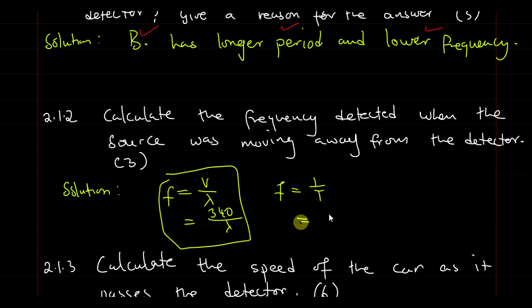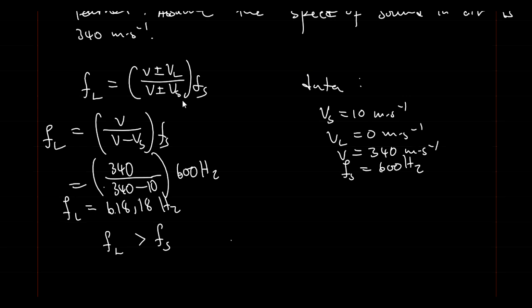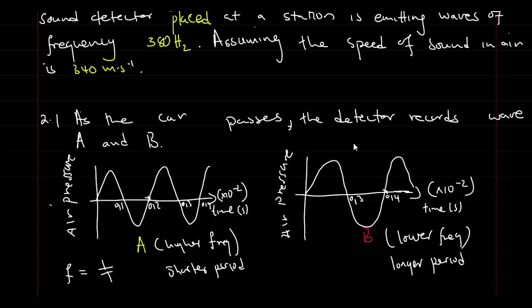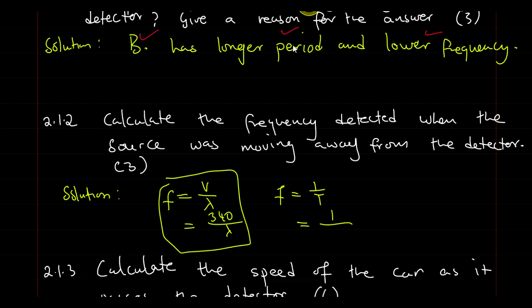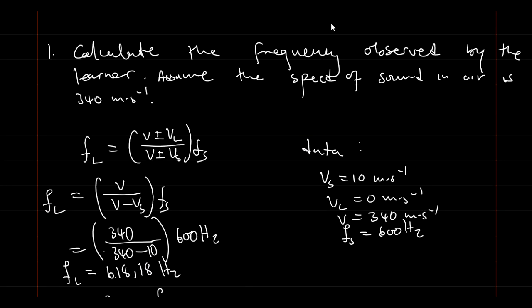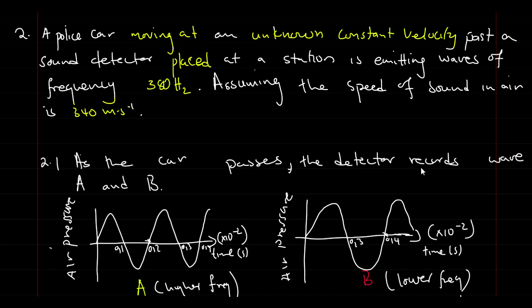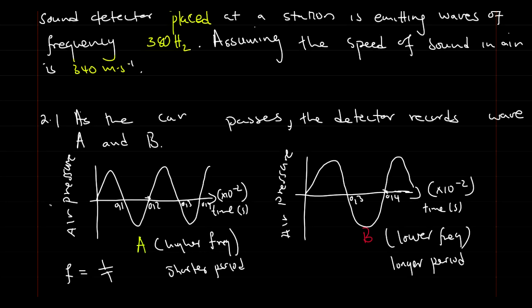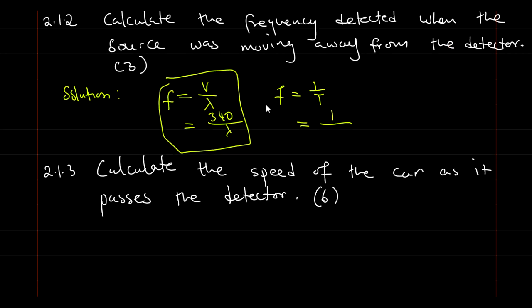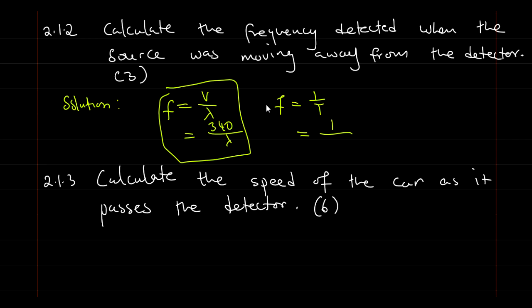So now we have 1 over the period. What is the period? It's 0.4, remember, 0.4 times 10 to the power minus 2. That is our period.